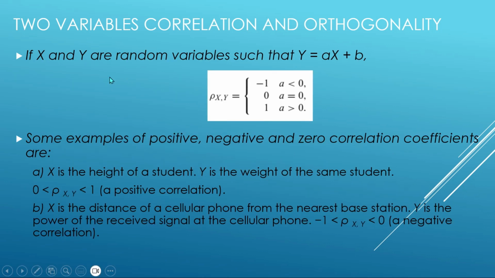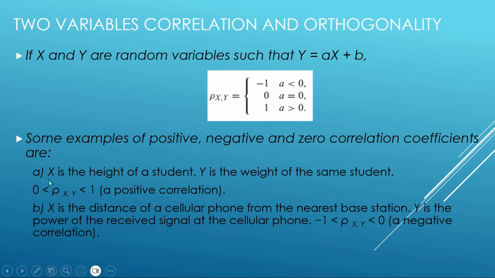So if X and Y are random variables such that Y is equal to aX plus b, which is a straight line, then if the correlation coefficient is equal to -1, then a is less than 0. Rho is equal to 0 when a is equal to 0, and rho is equal to 1 when a is greater than 0. We try to understand correlation coefficient rho with some examples.